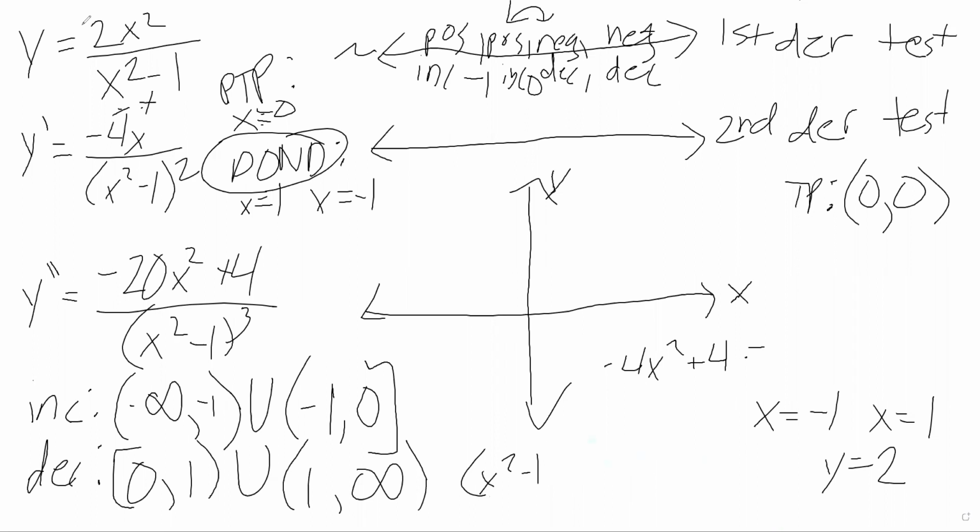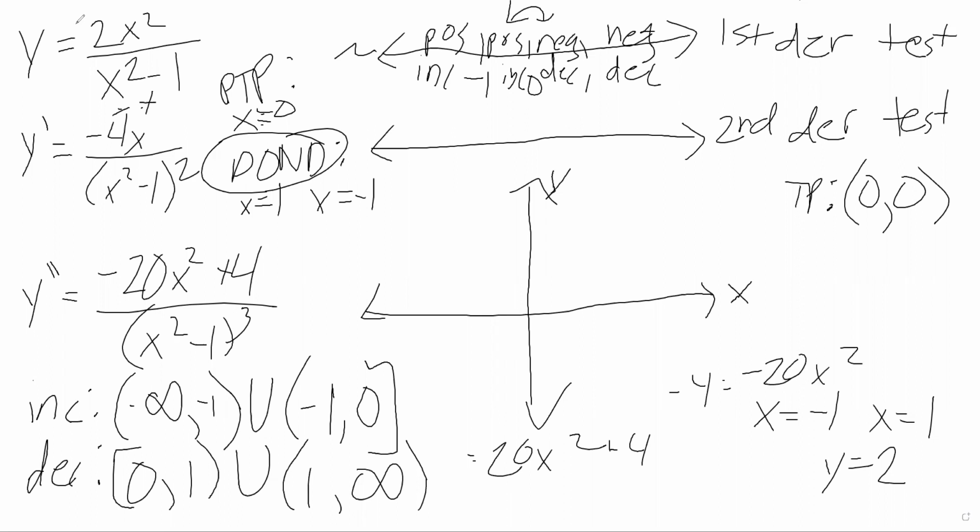So what's going to happen is, no, that's not going to happen. Why is that happening? So if you had -20x squared plus 4, so you get -4 equals -20x squared over -20.